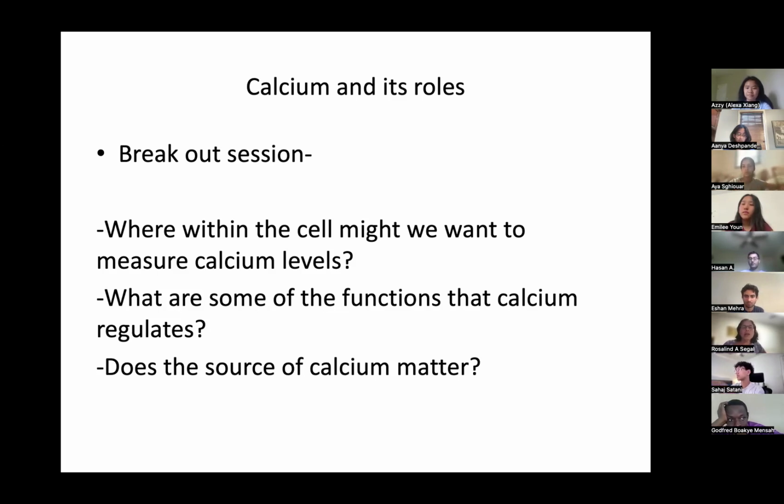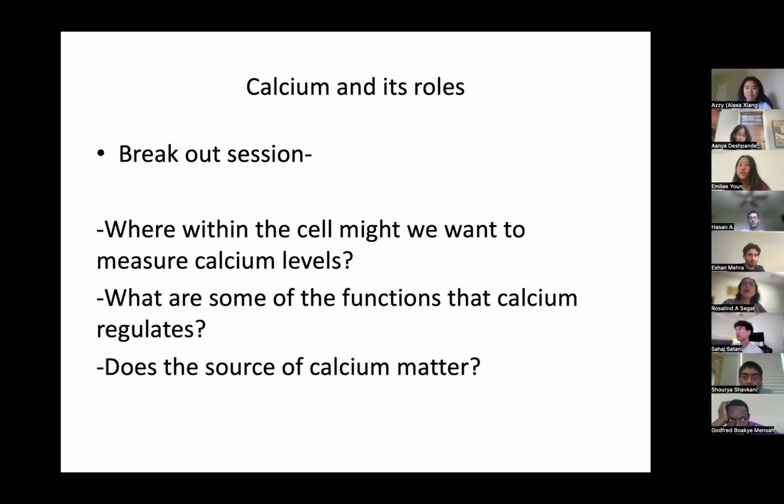That gets into the question of, does the source of calcium matter? Whether it comes from the blood, or from the ER to the cytoplasm, or from the mitochondria to the cytoplasm, and what kind of channel it comes in through, all of those things turn out to be really, really critical. Augustus?